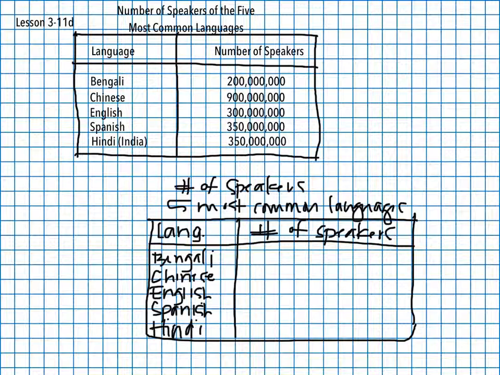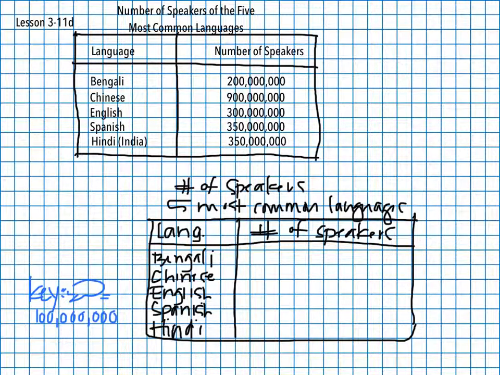The first thing I need to do, and unfortunately I didn't leave myself any room on the bottom, so I'm just going to write it on the side, is write key. I decided I'm going to make a little circle, and one circle is equal to 100 million speakers.